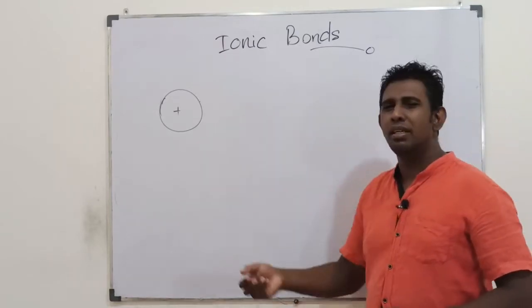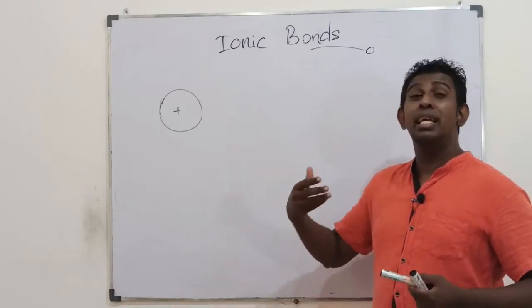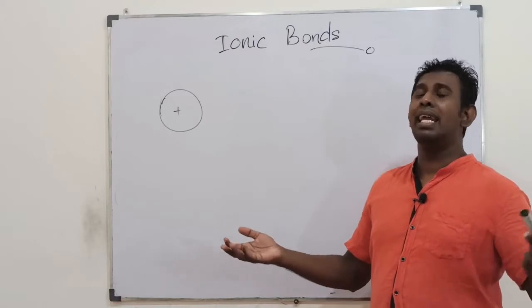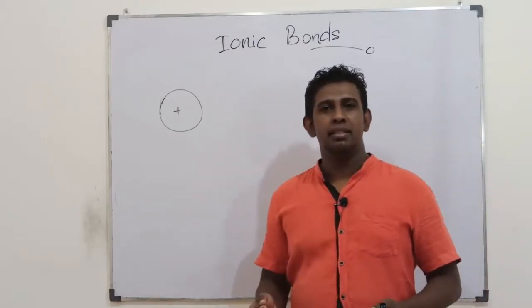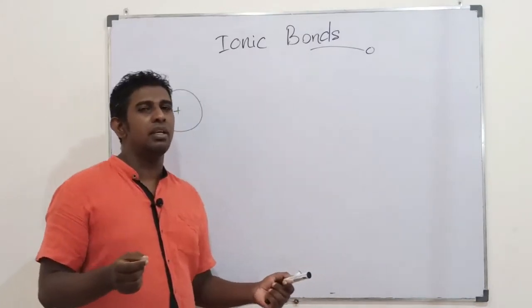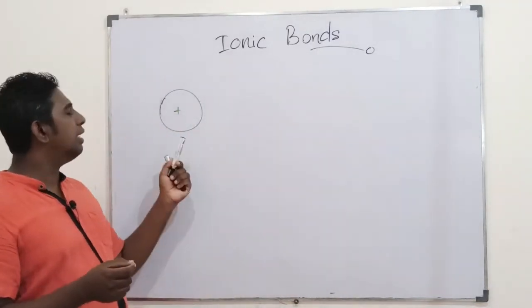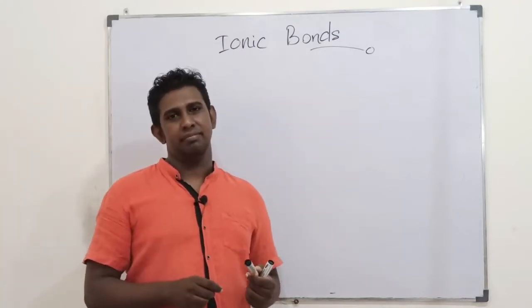It could be 2 plus, dipositive, when 2 electrons are removed, or 3 plus, tripositive. It could be any such number of electrons removed. Accordingly there would be a positive charge.